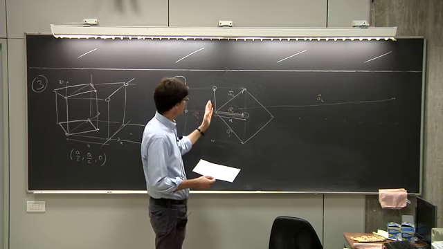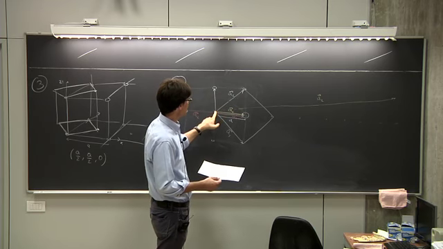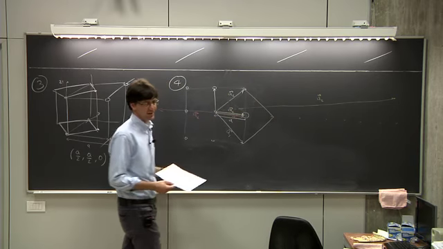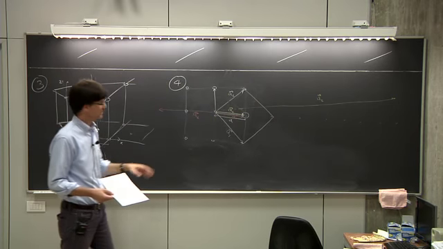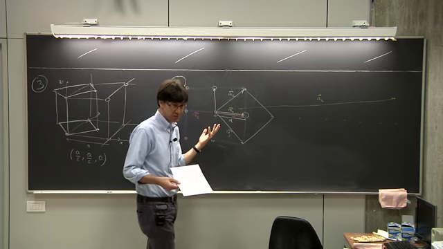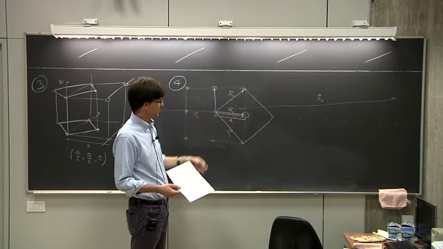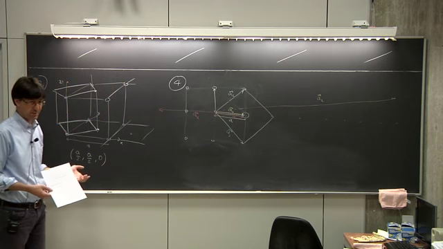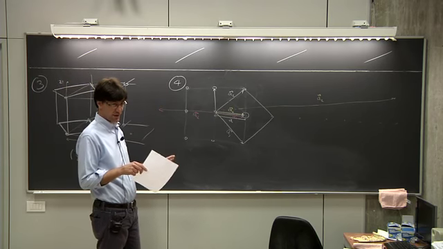For A2, we can choose any vector that starts from here and ends up anywhere along the points of the second floor. Because by definition, you must be able to generate the whole lattice with the primitive vectors.